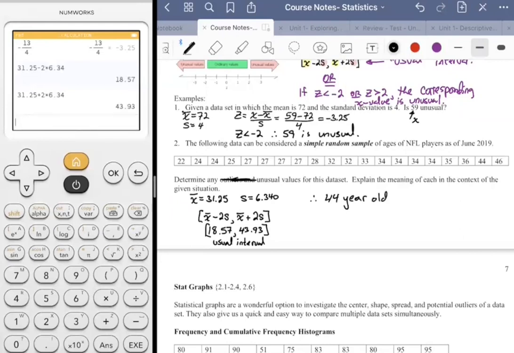With the exception of Tom Brady and I think Drew Brees. Drew Brees, that was the other guy. Thank you. No problem. So 44-year-old and 46-year-old players would be considered unusual.